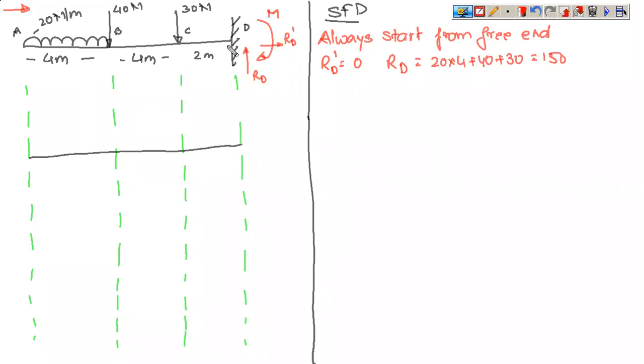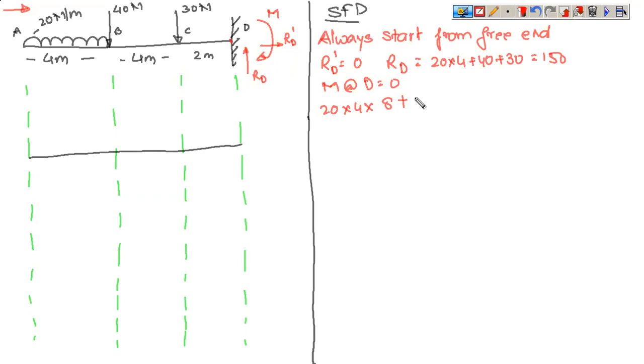Now to find out this moment, let us take moment about point D and equate it to 0. So you have 20 into 4 into 8. From D it is 2 plus 4, 6 and then another 2, 8.